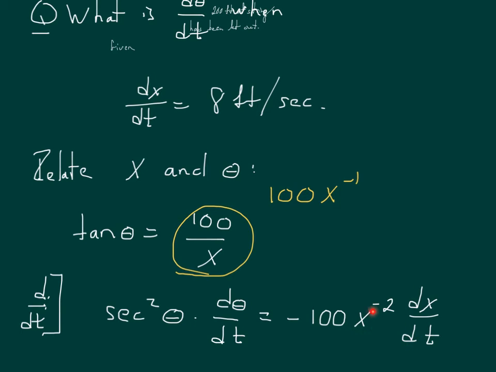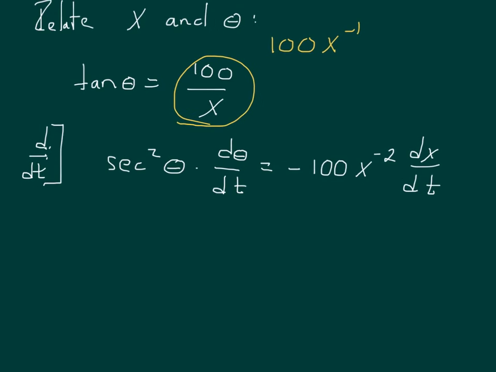But I don't know x at the moment, and I don't know secant theta. Once we have secant theta and x, because we know dx/dt, we'll be able to solve for d theta/dt, which is what we want. So we need to figure out what secant theta and x are when 200 feet of string has been let out.